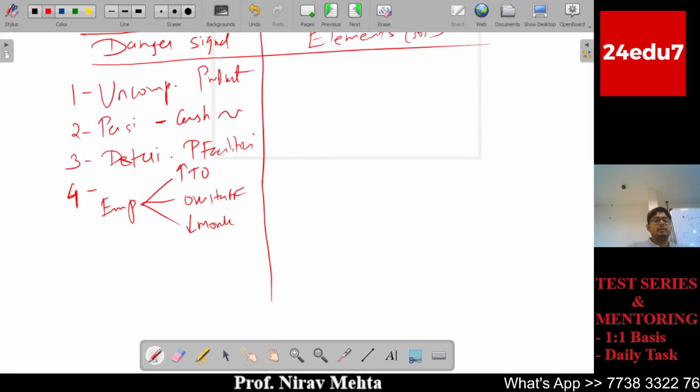5th point. There is a lot of mismanagement. That means this company requires turnaround. So what are the danger signals of turnaround? Persistent negative cash flow, uncompetitive products, deterioration in physical facilities, high employee turnover, overstaffing, low morale, mismanagement. One more point.